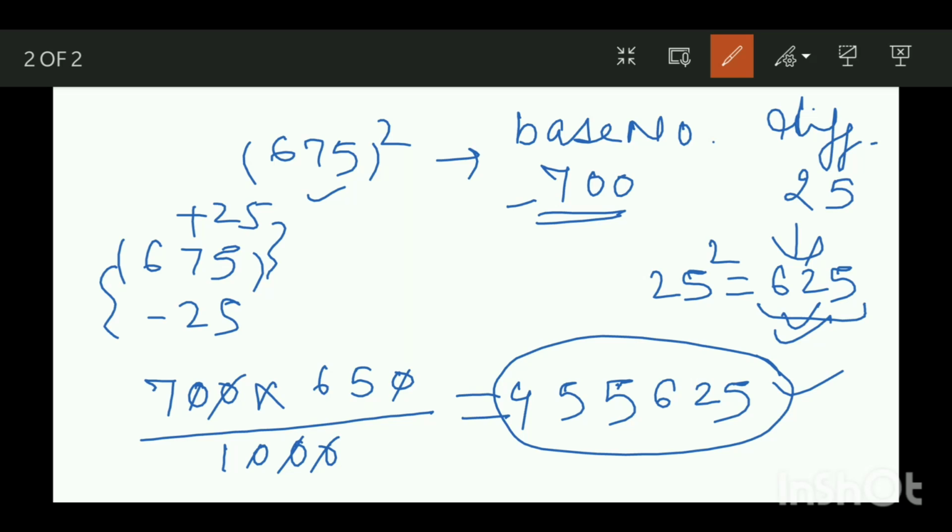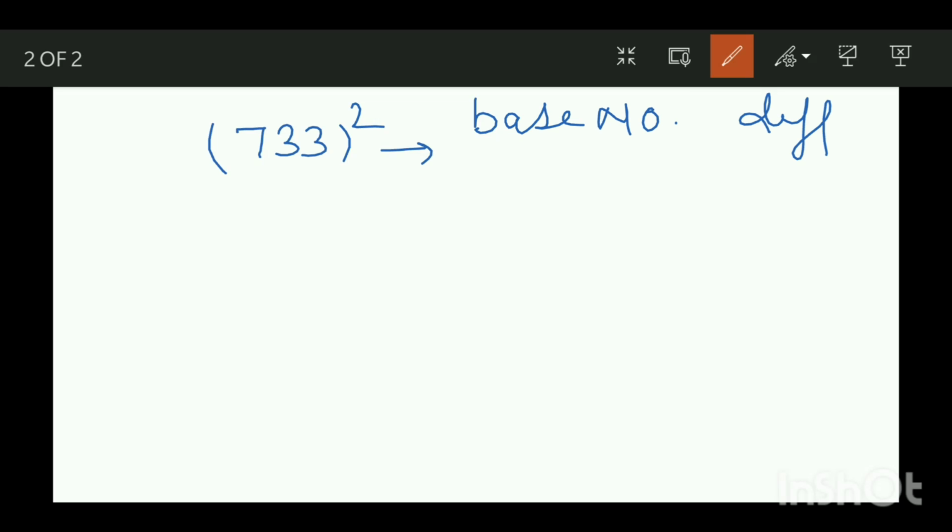Okay, let's do the last example. Let's take 733. If we have to find out the square of 733, as I have told, first find out the base number, then the difference. So the nearest number would be the base number, so 750, and the difference between 750 and 733 is 17.